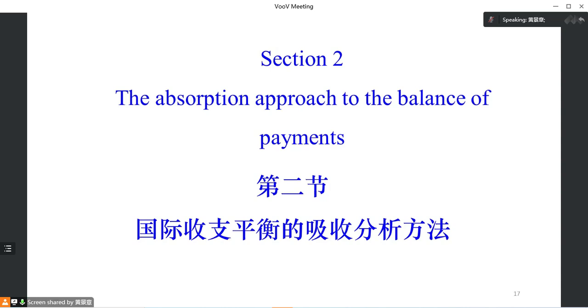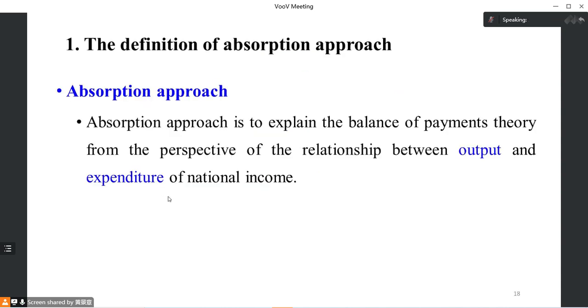In Chinese, we can say 第二节国际收支平衡的吸收分析方法. The definition of the absorption approach: it explains the balance of payments theory from the perspective of the relationship between output and expenditure of national income.